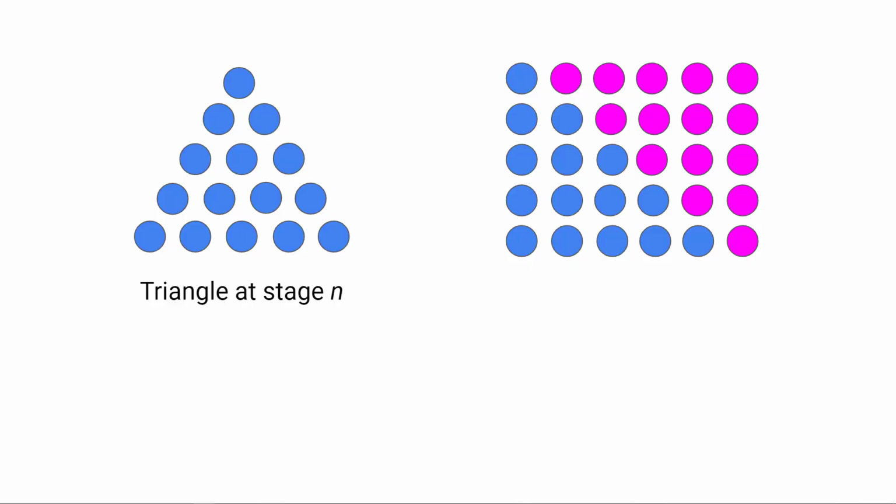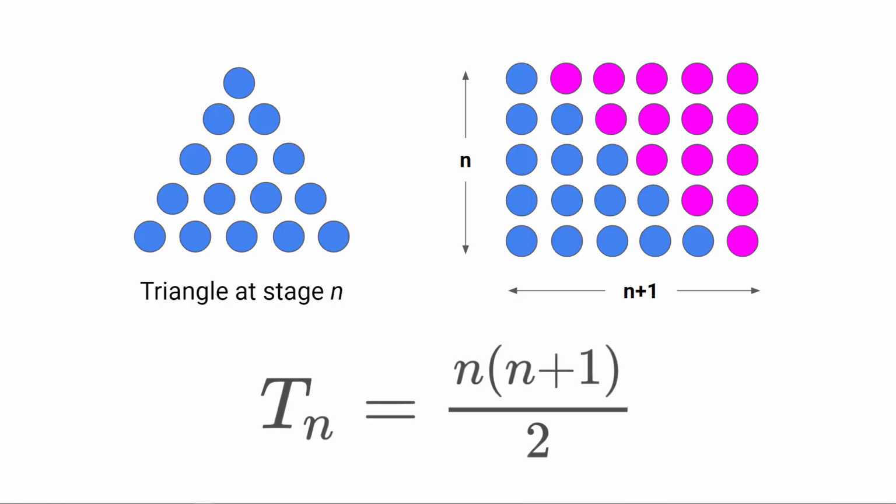This rectangle has n circles on one side and n plus 1 on the other. The total number of circles in the rectangle is therefore n times (n plus 1), but the original triangle has exactly half of those circles in it, which is n times (n plus 1) over 2. So that's a closed formula.